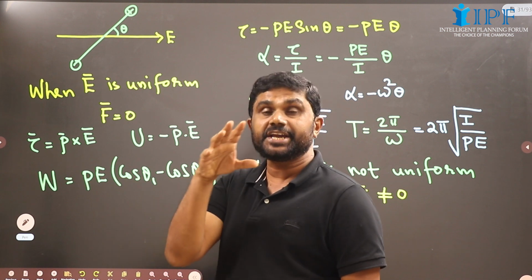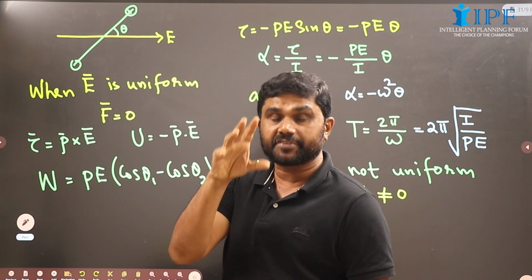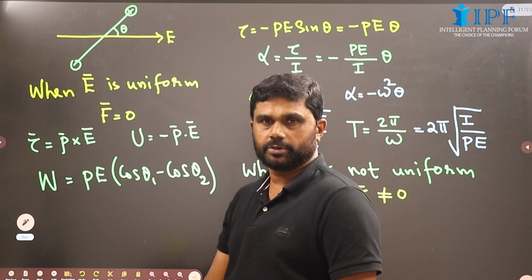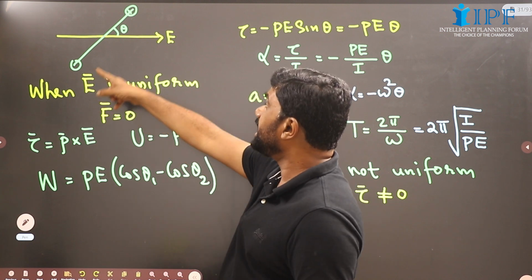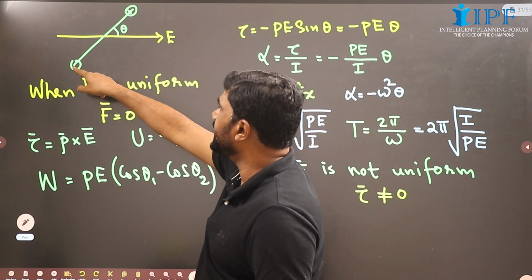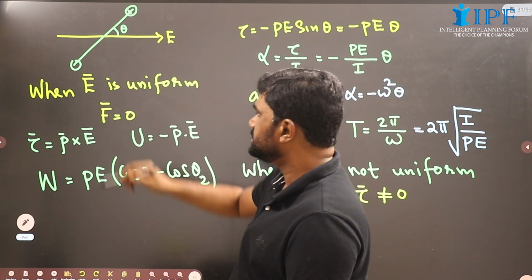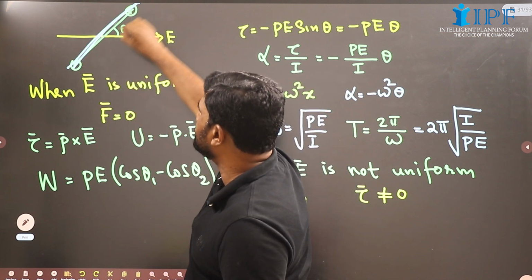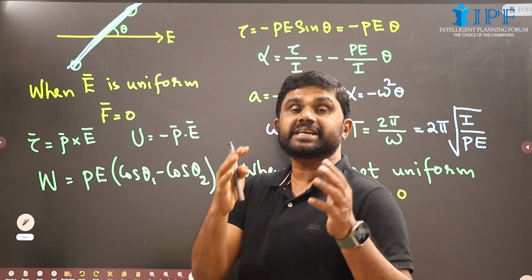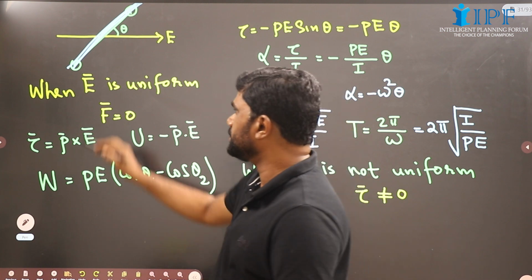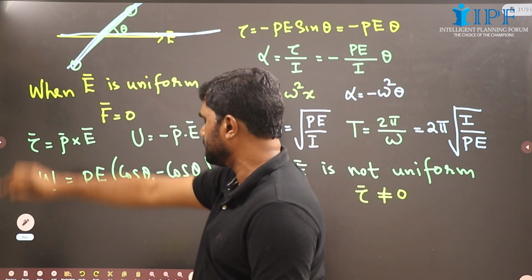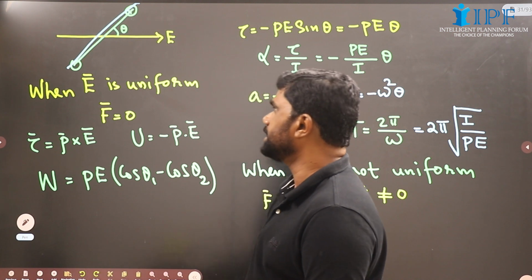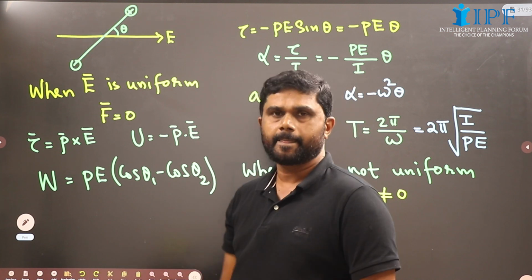In such a uniform electric field, suppose I have kept an electric dipole such that the dipole moment vector, from the negative to the positive, makes an angle theta with the direction of the field. This is the direction of the field. Angle is theta, right?